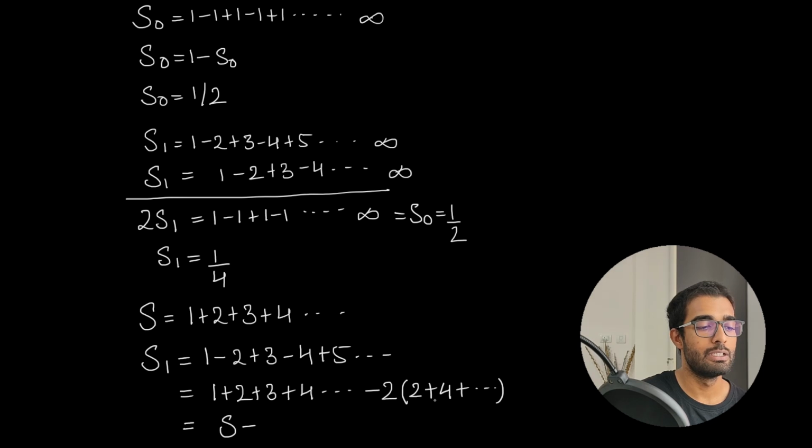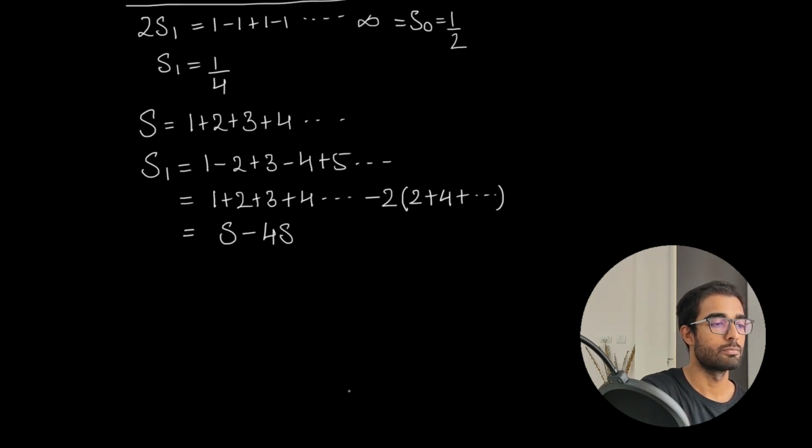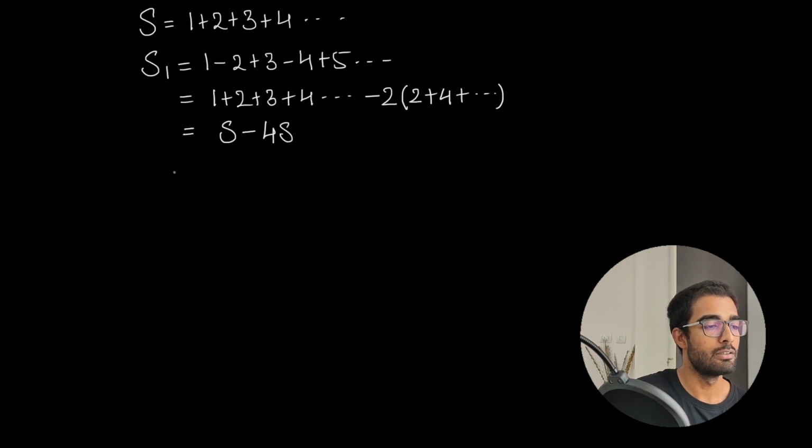If we take a 2 common from it, it will become 4S, from which we get minus 3S is equal to S1, which is equal to 1 by 4, and hence S is equal to minus 1 by 12.